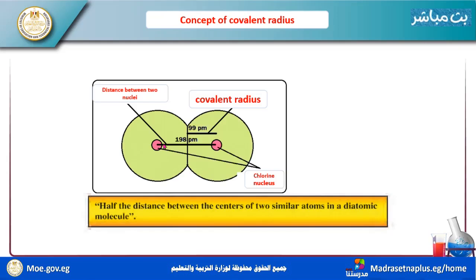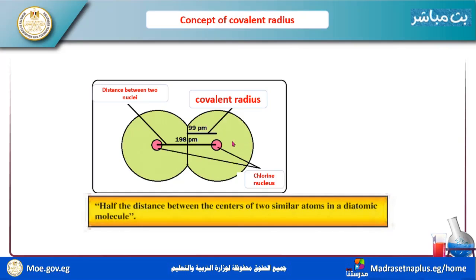If you calculate the distance between two nuclei in two atoms, and these two atoms are identical: oxygen, oxygen, nitrogen, nitrogen, chlorine, chlorine, hydrogen, hydrogen.